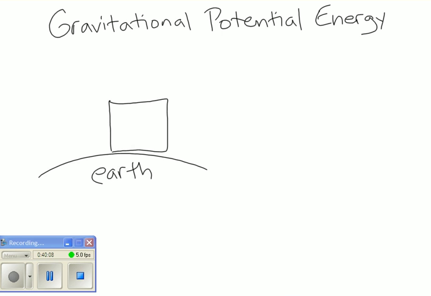The next flavor of energy, gravitational potential energy, is the type of energy you get when you have some object and our beloved planet in your system.